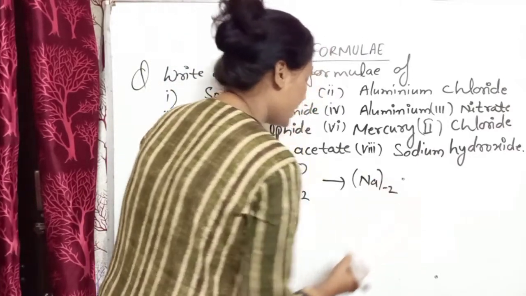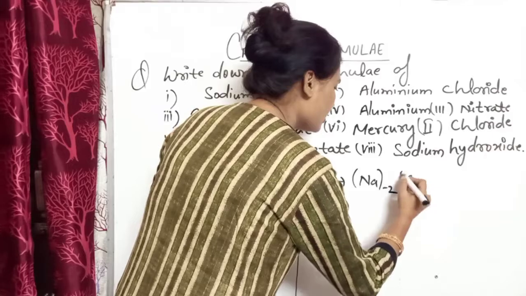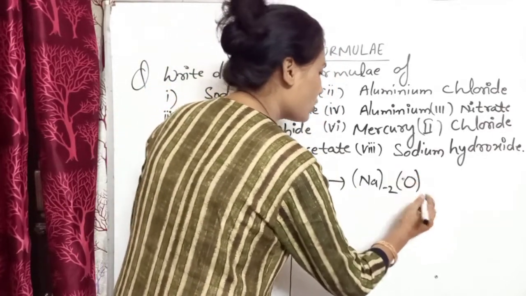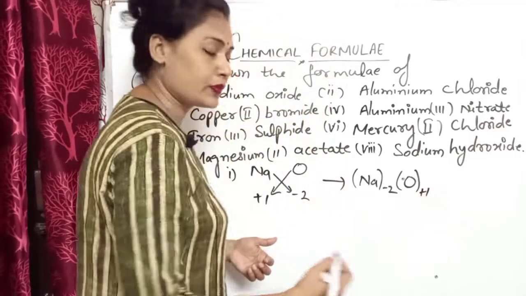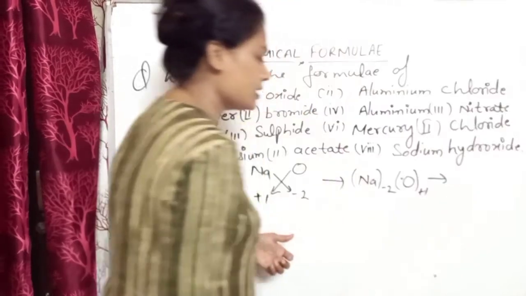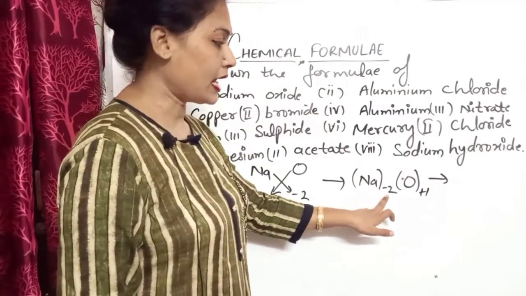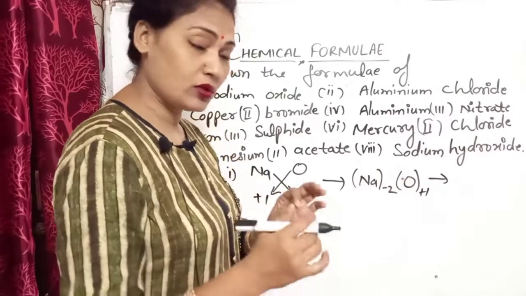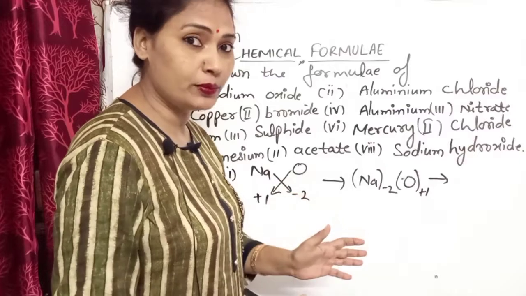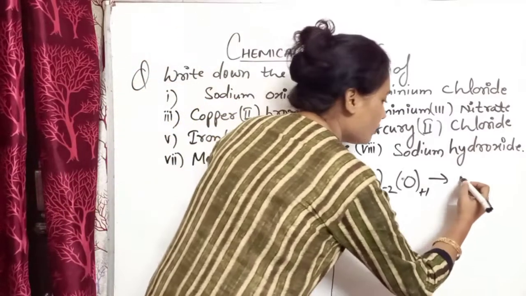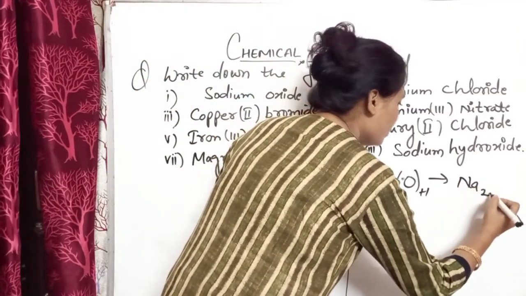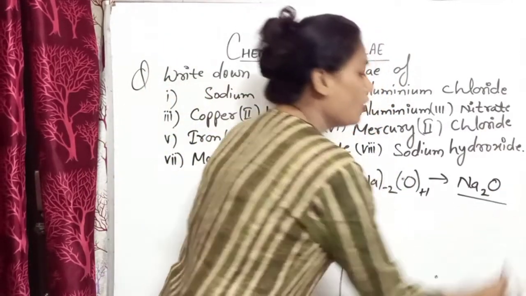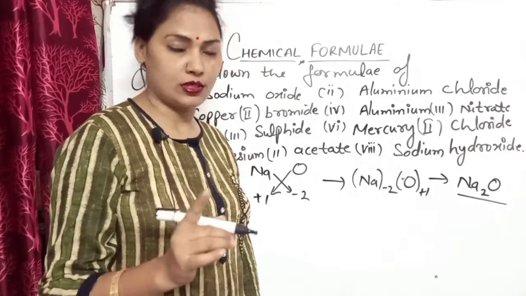So we will write it like that: along with sodium -2, and along with oxygen it's +1. After that we will just ignore the minus and plus, and if there is 1, then we should ignore that 1 also and drop the bracket. So our formula becomes Na2O. This is the formula of sodium oxide.